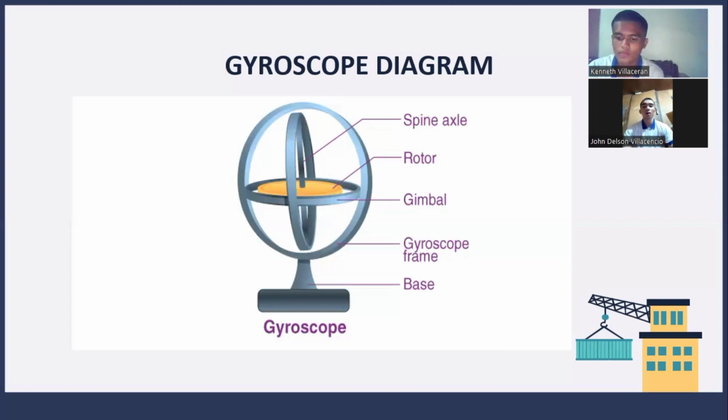This is because of the law of conservation of angular momentum, which states that the total angular momentum of a system must remain constant unless acted upon by an external torque. In other words, if the rotor is spinning in one direction, it will try to keep spinning in that direction even if it's tilted or moved around.